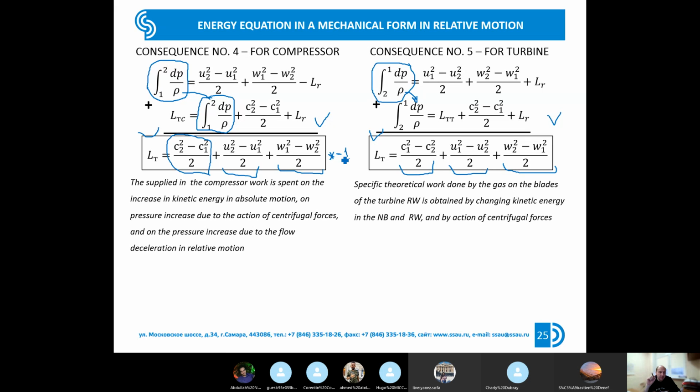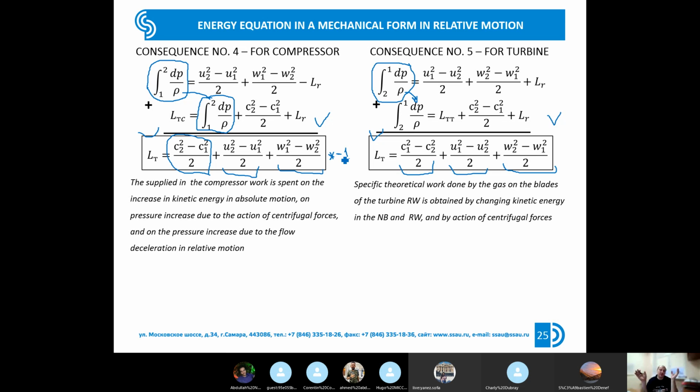But because we are multiplying the equation by -1, we could say that the working processes of the compressor and the turbine are opposite. So we have the same physical base, but the working processes of the compressors and the turbines are opposite.